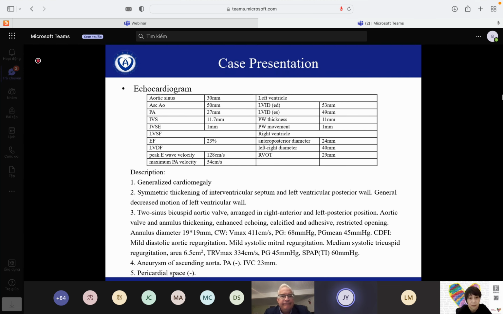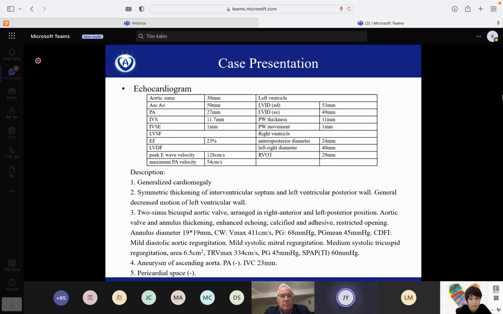The main problem for her was the aortic sinus was 30 millimeters, ascending aorta 50 millimeters. Pulmonary artery was 27 millimeters. She had a significantly decreased left ventricular function, with an ejection fraction of 23%.